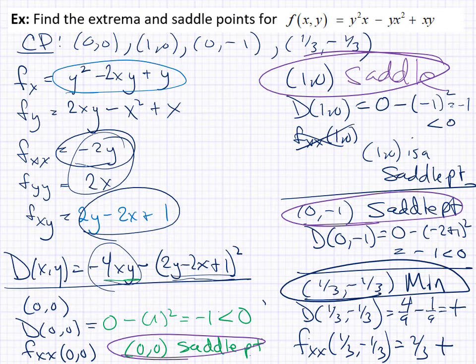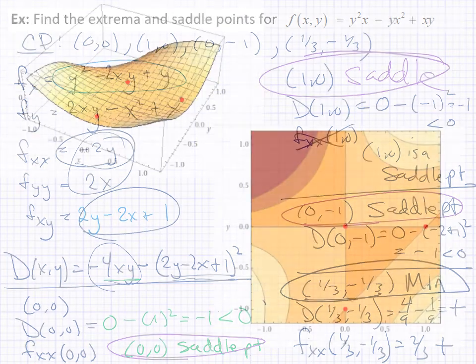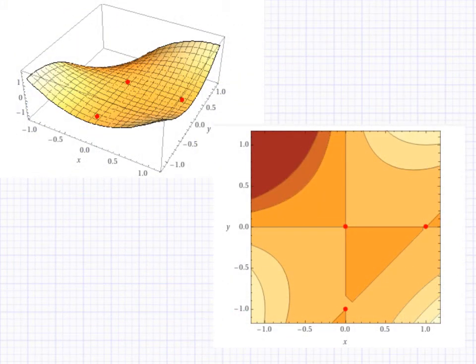If we take a look at what the graph would be, we can clearly see all this stuff happening. So here's both the 3D model and the level curves version of this surface that we just looked at. And you can see where these 3 red dots are. These are your 3 saddle points.